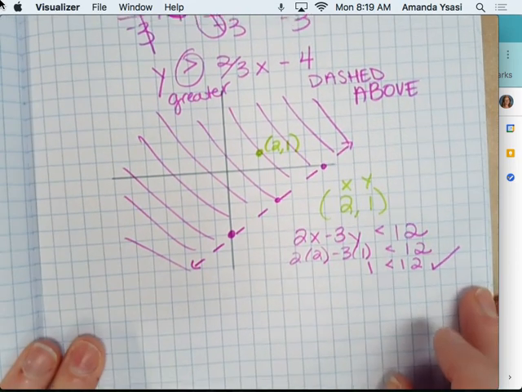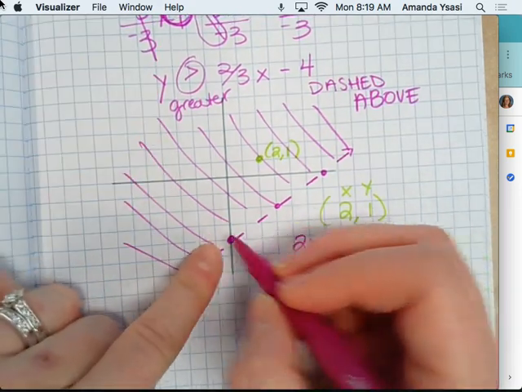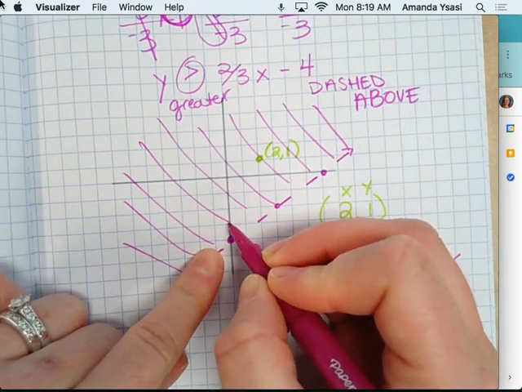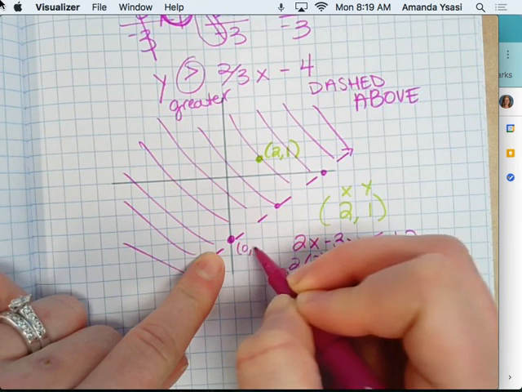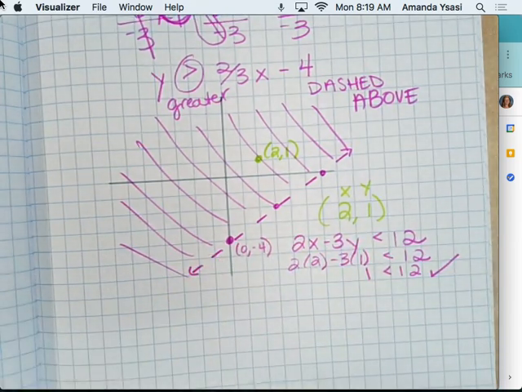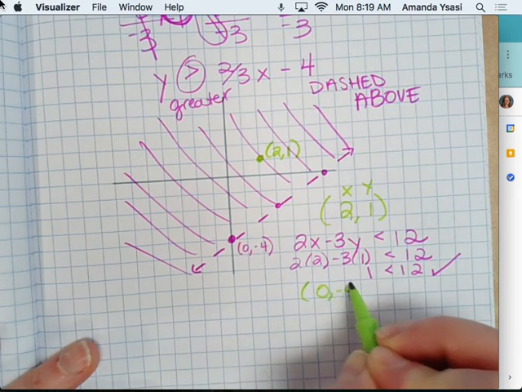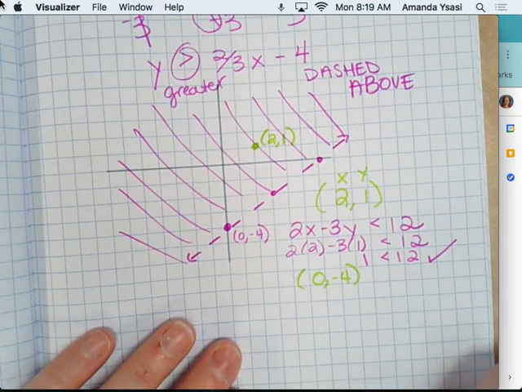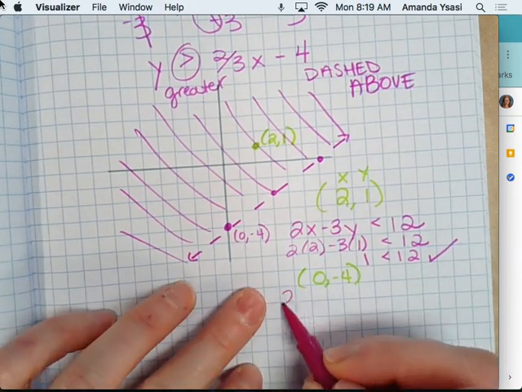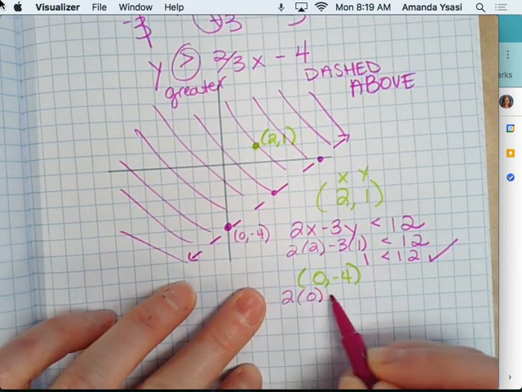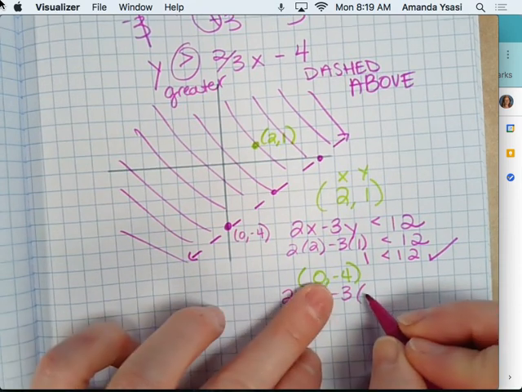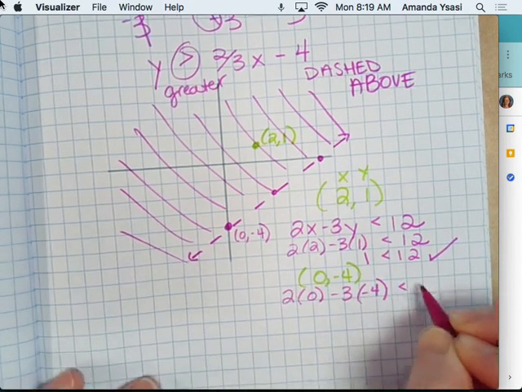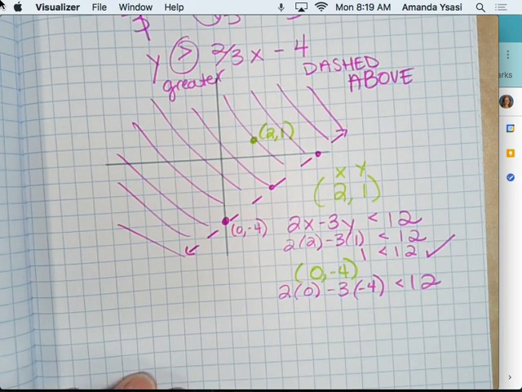If we were to use one of the points on the line, so let's do 1, 2, 3, 4, 0, negative 4, just to look at that real quick. So we do 2 times the x value, so 2 times 0, minus 3 times y, negative 4, is less than 12. 2 times 0 is 0.